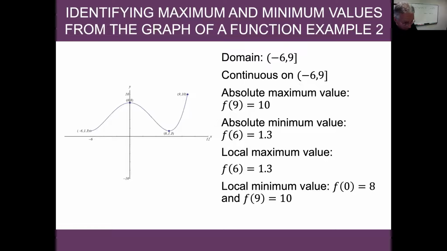And in the immediate area around it, there's something higher over at x equals 9, but around the area x equals 0, the highest point, the local max is at 0, and that value is 8. So they've got a couple typos on that screen.